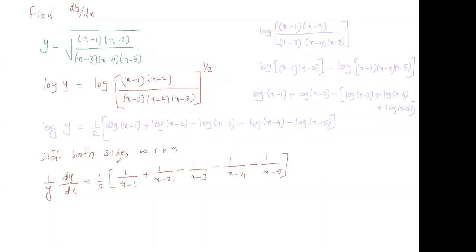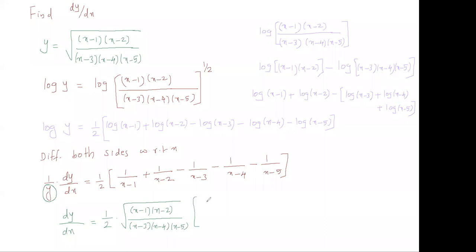That is your answer. Now, what you have to do is multiply with y: dy by dx is equal to, cross multiplying with y, 1 by 2 into y, which is under root x minus 1 into x minus 2 divided by x minus 3 into x minus 4 into x minus 5.